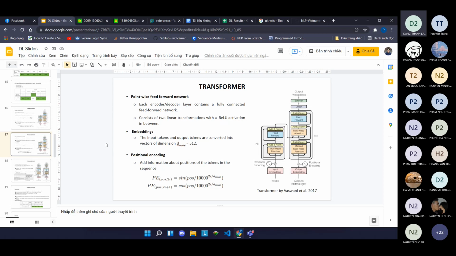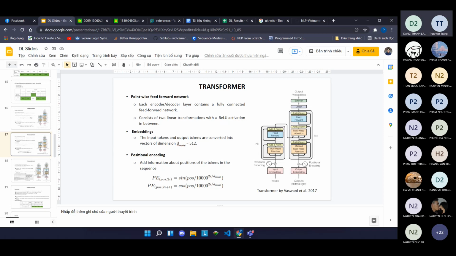Sorry, but I believe that we use both the cos and the sine. I'm not objecting to you, but I have read that it uses both the cos and the sine, and can I show my screen?